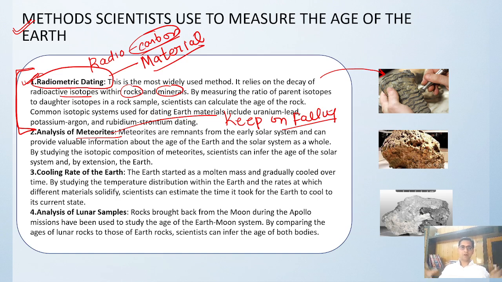Some of the big meteorites sometimes touch down on the Earth's surface, and by analyzing these meteorites, we can find out what the situation was during the formation of Earth, because meteorites are known to have been there when the Earth and the solar system were getting formed. So, by understanding the isotopic composition of meteorites, we can infer the age of the solar system, and then extend it to our own planet.